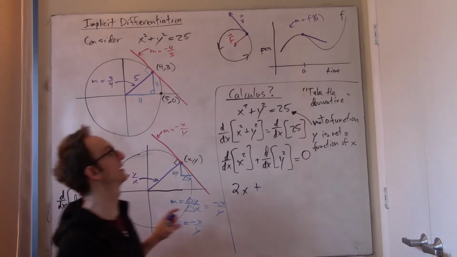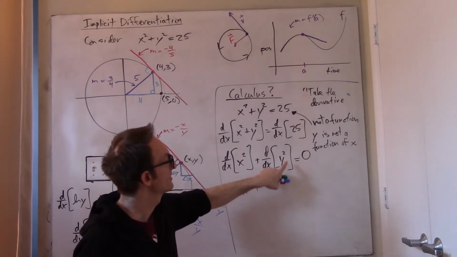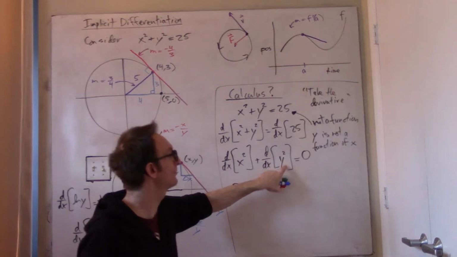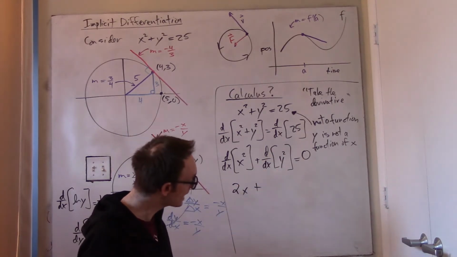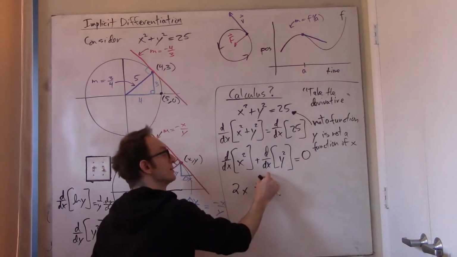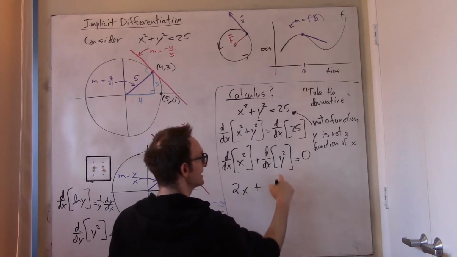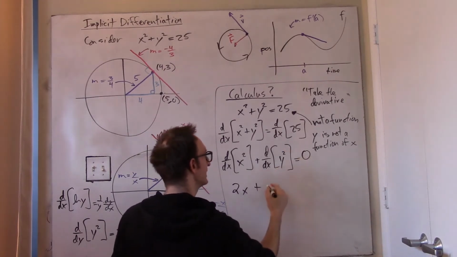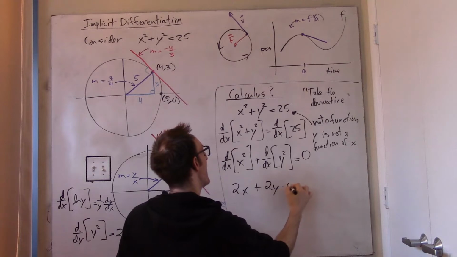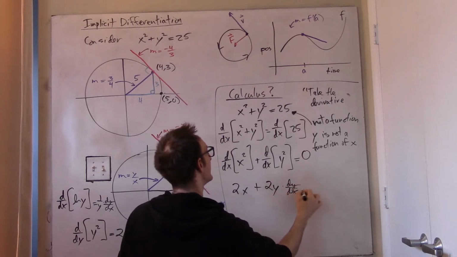It's the same thing here. The inner function is y, and the outer function is y squared. And so the derivative of something squared is 2 times that something, back inside for the derivative of the something.